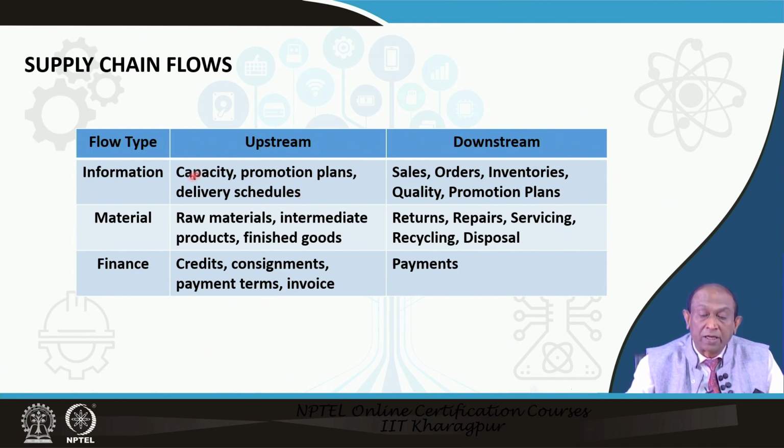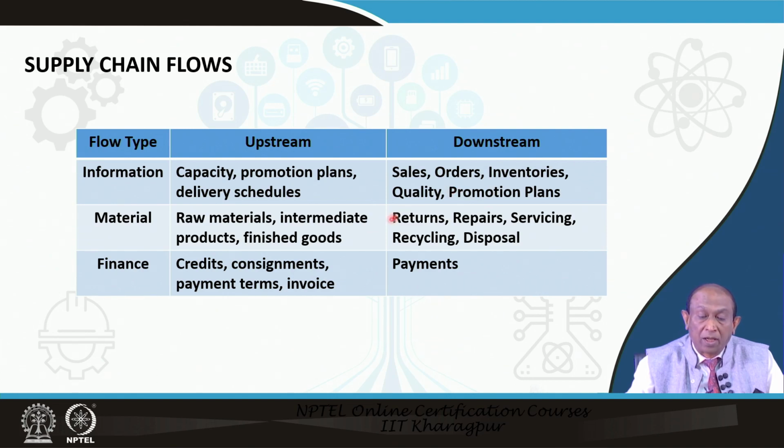These are all data or information generated at the upstream side. On the downstream side, the data are related to sales, order information coming from the customers and the retailers down to manufacturers, the inventory data, quality data, and promotion plans.